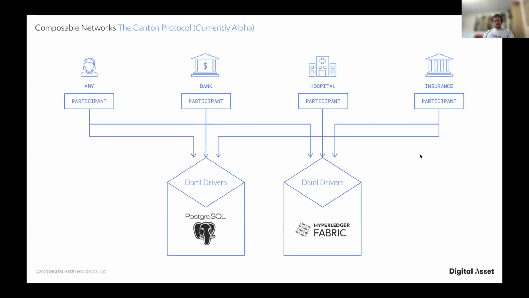Whether it's actually possible to connect or compose two applications using the techniques I showed you previously really depends on whether the parties involved in a transaction share sufficient synchronization infrastructure. To make this concrete with a previous example, imagine we had cash transactions synchronized on the Fabric domain here, IOUs synchronized on the Postgres domain here.